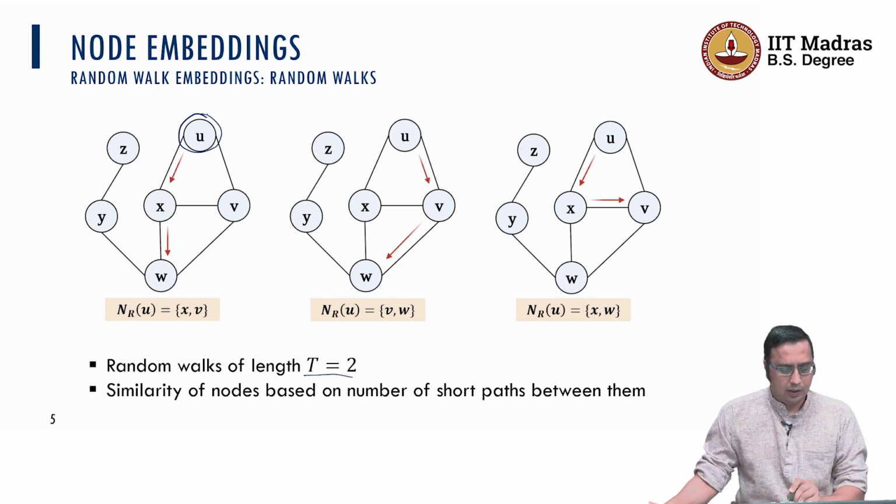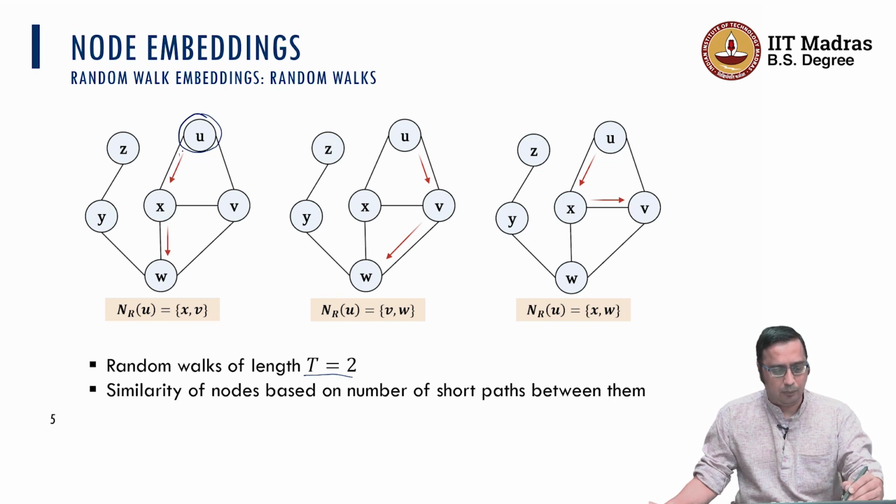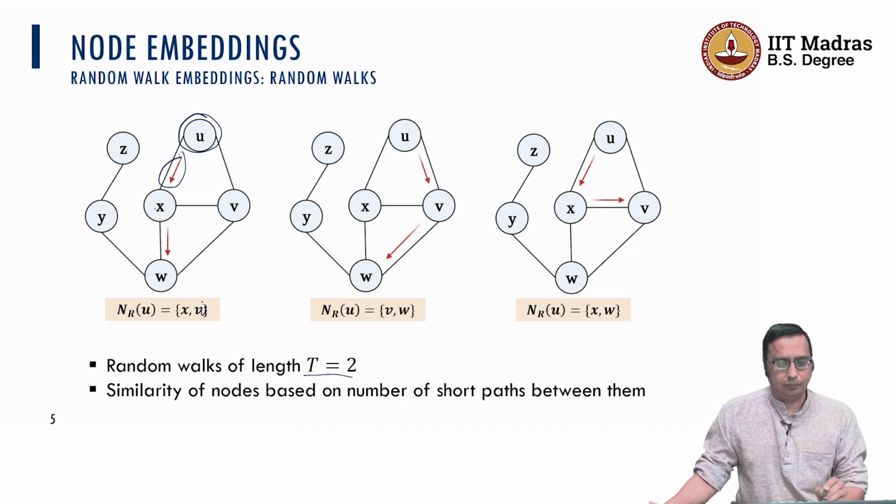Based on that, I choose, and in this particular walk I have moved from u to x, x to w, and then I have x and w as my neighbors. So this is my set of neighbors in the first walk.